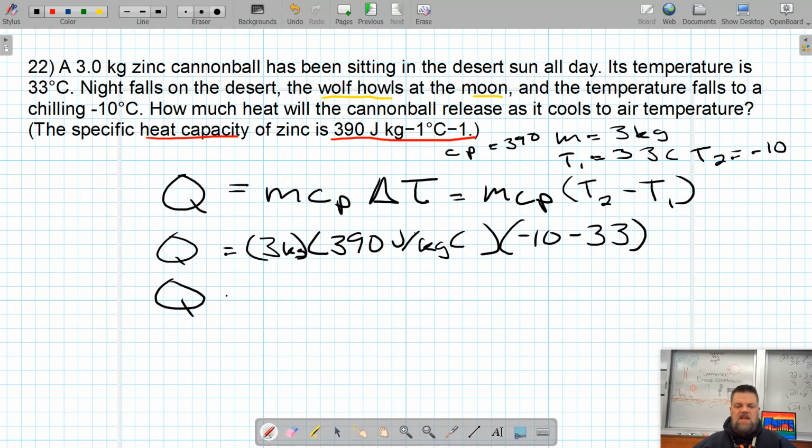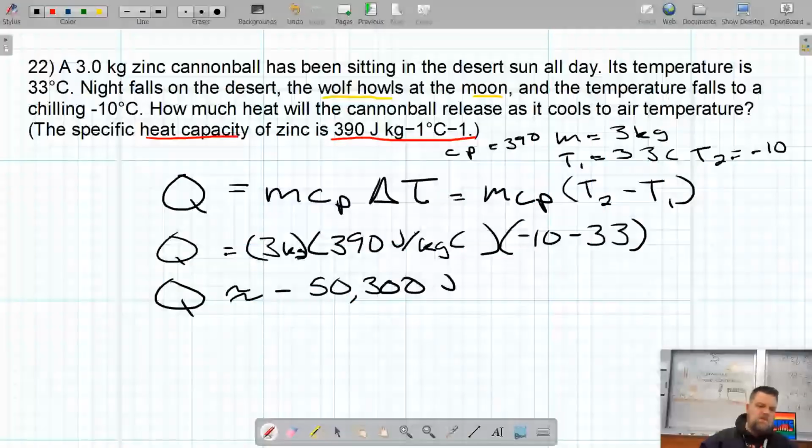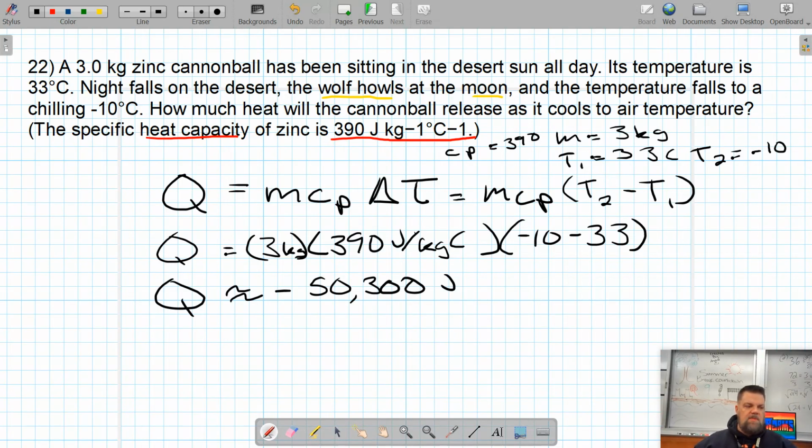So if you plug that in a calculator, it's about negative 50,300 joules. And remember, we measure heat as an energy, so it'd be joules. Hey, does that make sense to you guys?